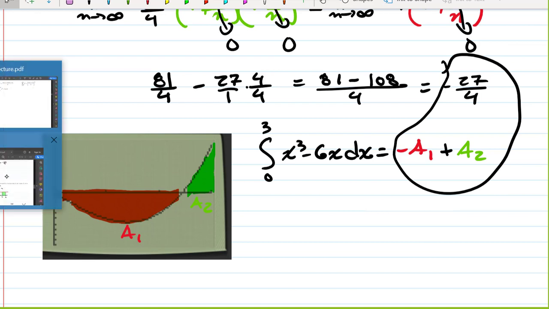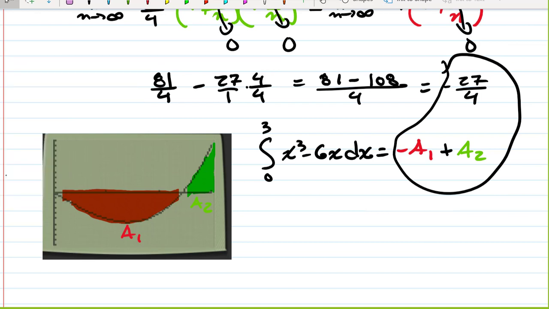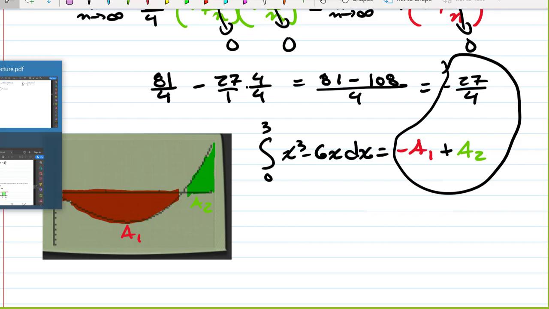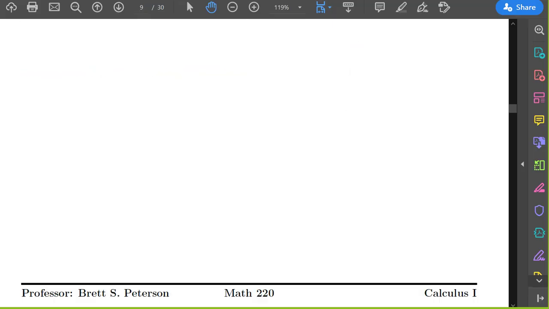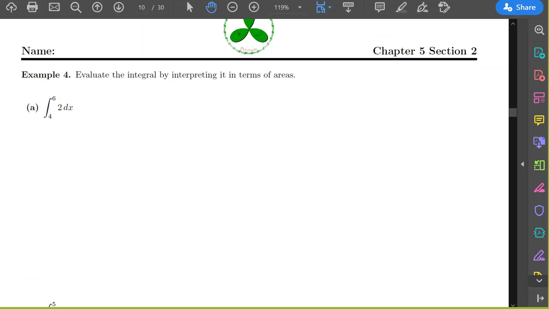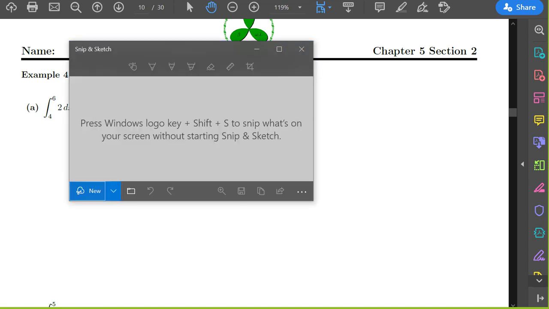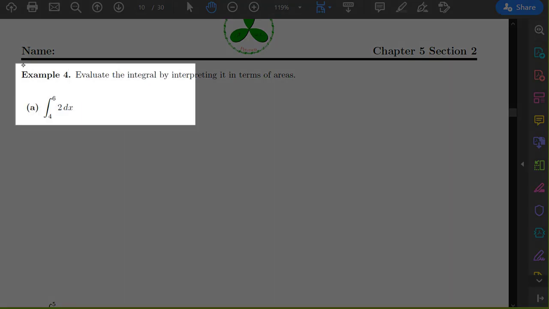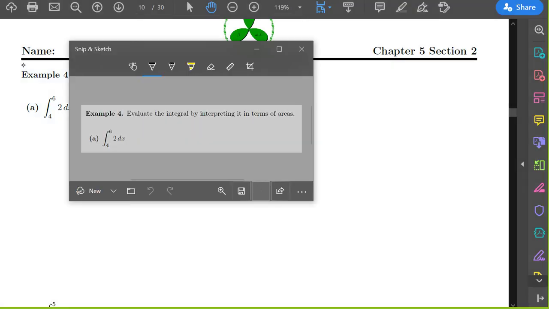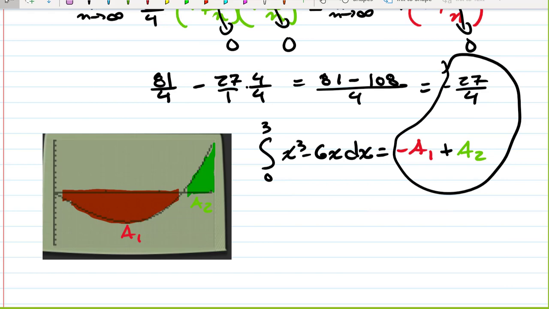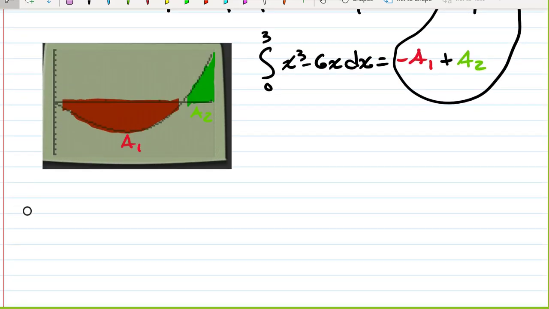So keeping that idea in mind, that integrals represent area underneath the curve, in this next example, we want to evaluate the integral by interpreting it in terms of area.